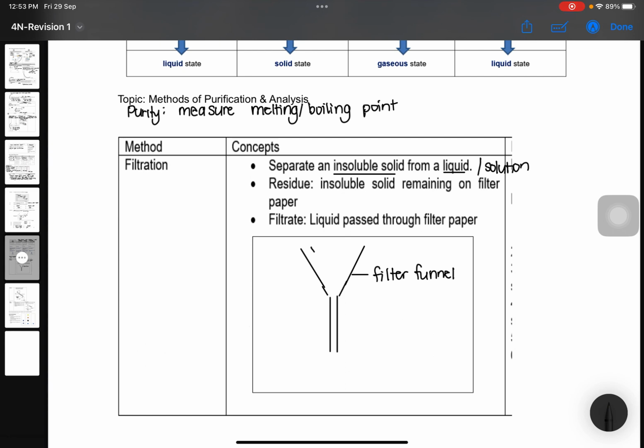At the filter funnel, you need your filter paper. The substance that you want to filter will be here. This will be known as your residue. And you collect in a beaker.